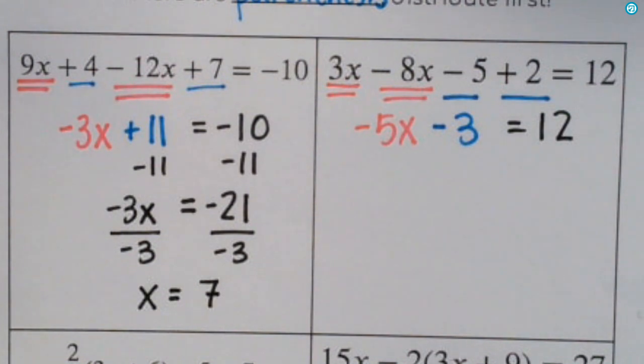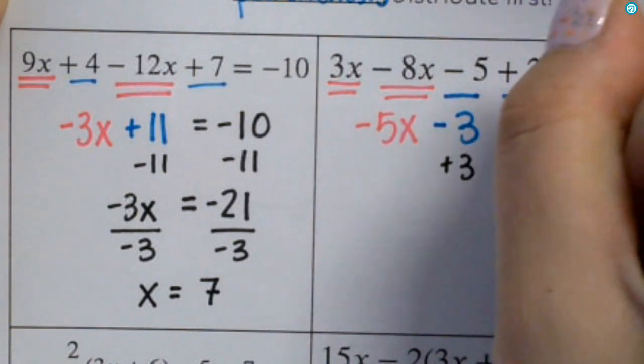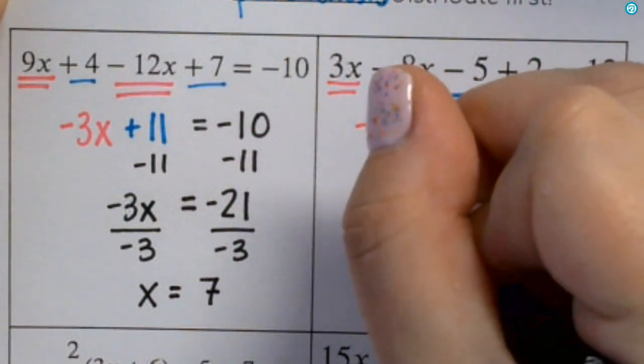Okay. From here, I'm then going to start solving for x. So I'm going to add 3 to both sides. On the left side, I have -5x.